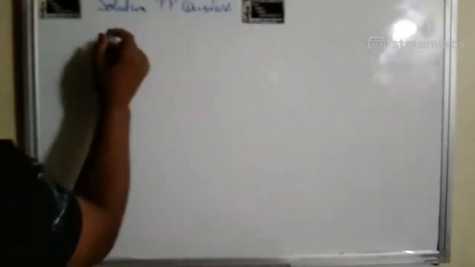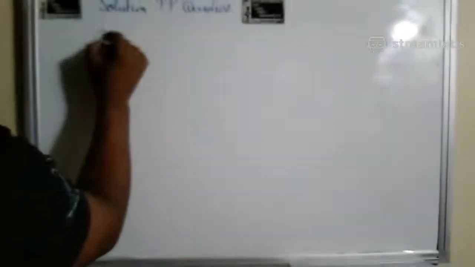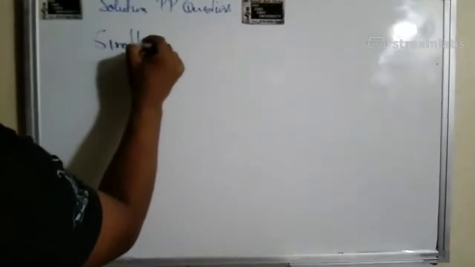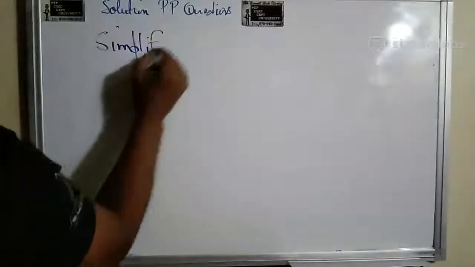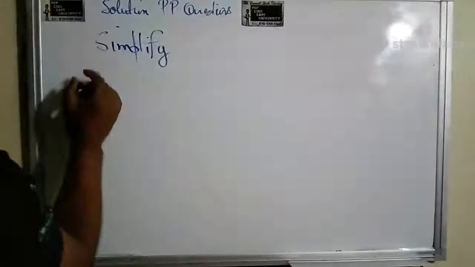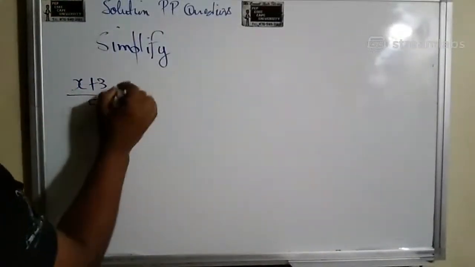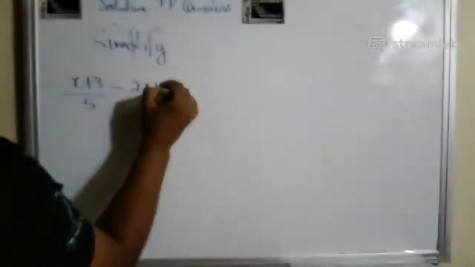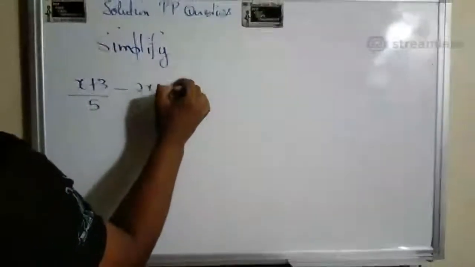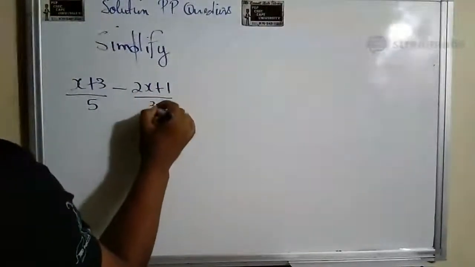This one now is like a complete revision we are doing, guys. So simplify. We're going to look at both of them. So this is x plus 3 upon 5 minus 2x plus 1 upon 3.